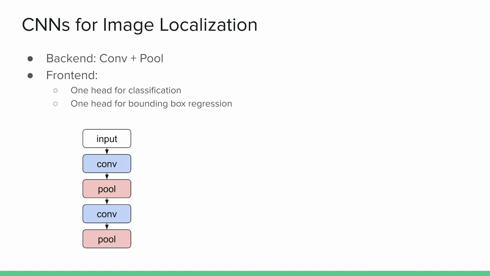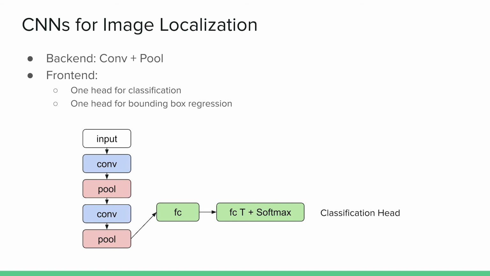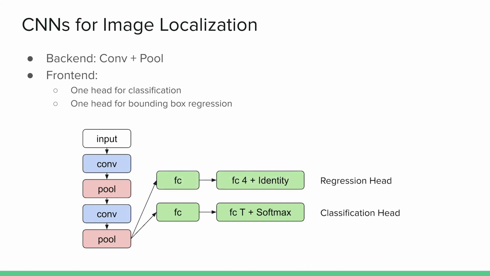If we want to add also the position, we could use the same backend, again, convolutional and pooling, but we would actually create two outputs because we want to know about the class and we want to know about the region where that object appears. So we create the classification head, which is a fully connected layer with a softmax, and we create a second head.